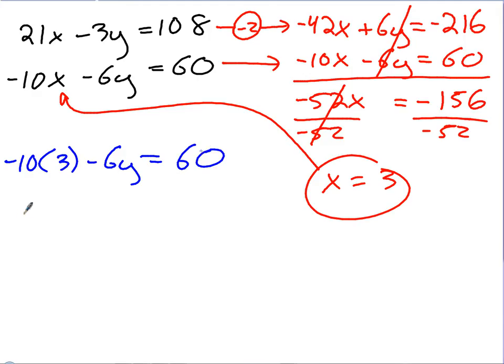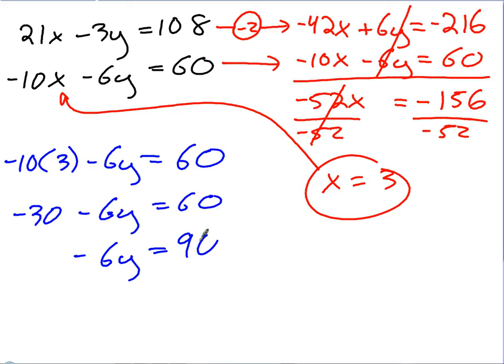Okay, so I get negative 30 minus 6y equals 60. What next? Dylan, what's the next step here? I either want hands, or if I'm asking somebody, I'm asking them for a reason. Yes, sir. Add 30. So if I add 30 to both sides, I get negative 6y equals 90.